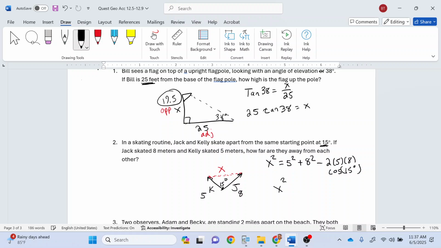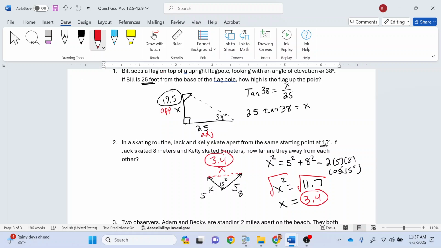So x squared equals 11.7. I have to square root both sides, so x equals 3 point something. Second square root, second answer, 3.4-ish. So your answer is 3.4.